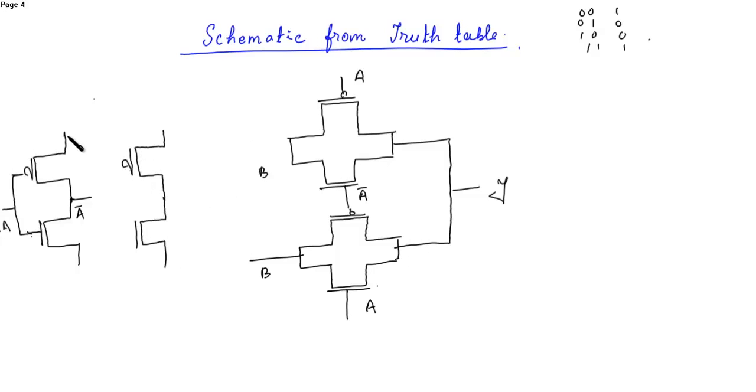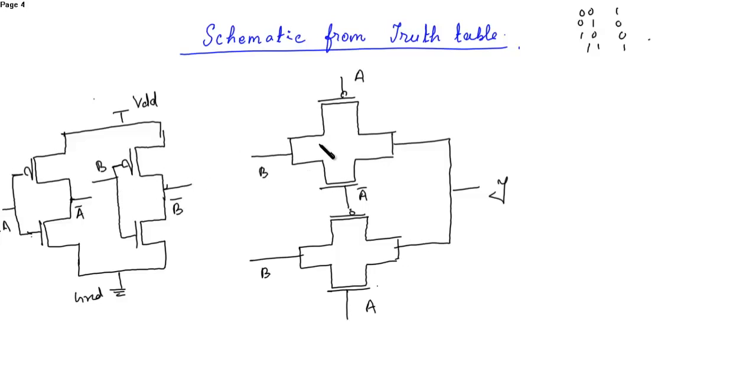Okay, now this is connected to VDD and this is connected to ground. From here you have input B and the output is B bar. So from here, this is B, this is B bar, sorry, this is B and this is B bar.